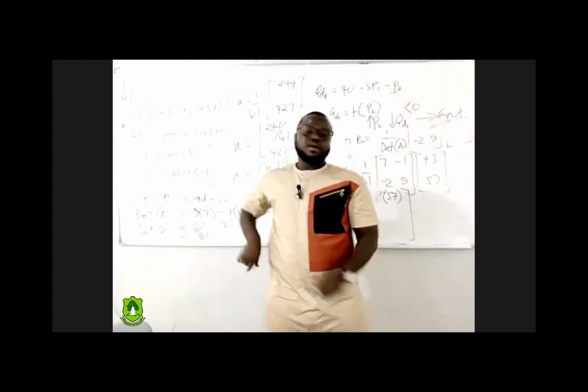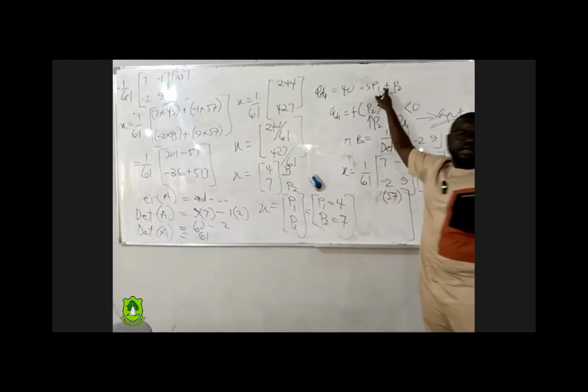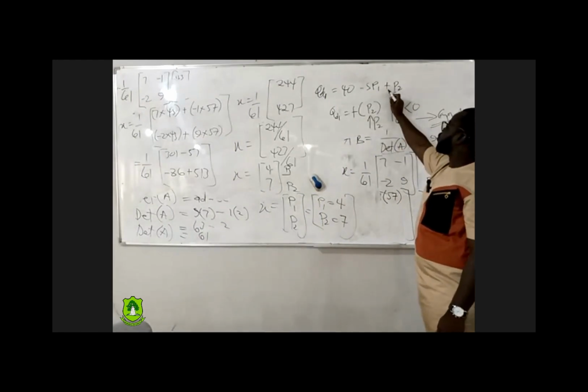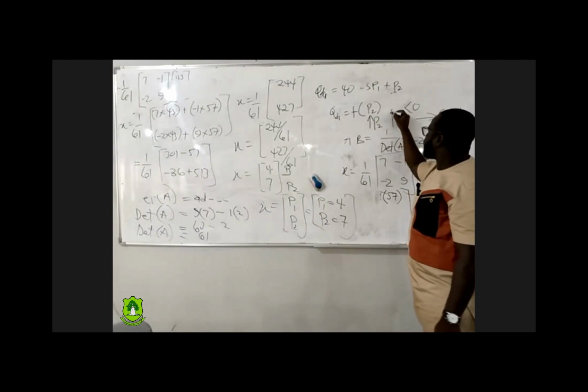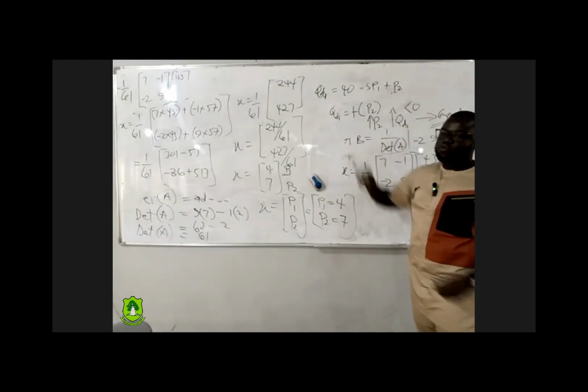But if the coefficient here was positive, then an increase in the price of P2 would lead to an increase in the demand for commodity one.